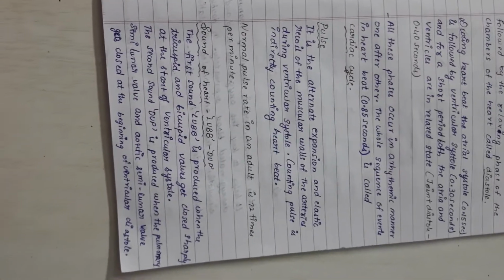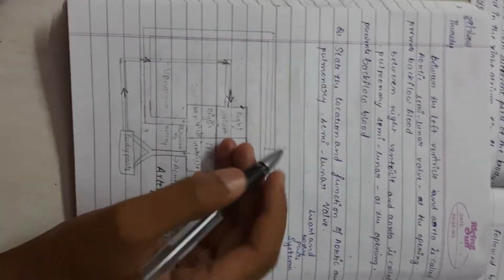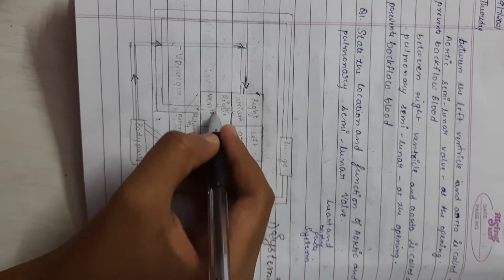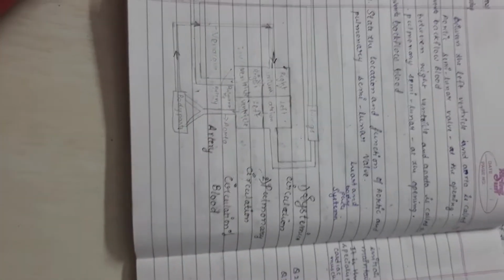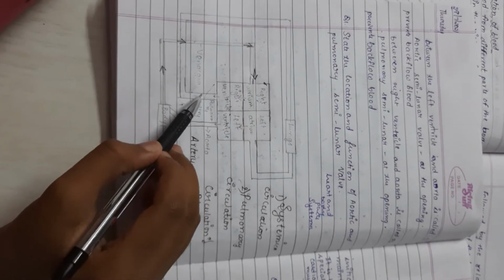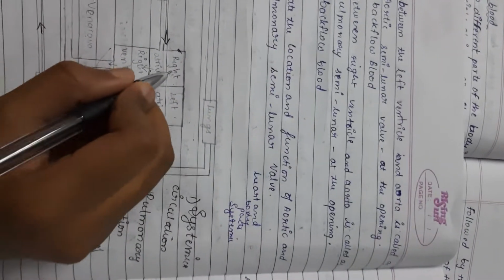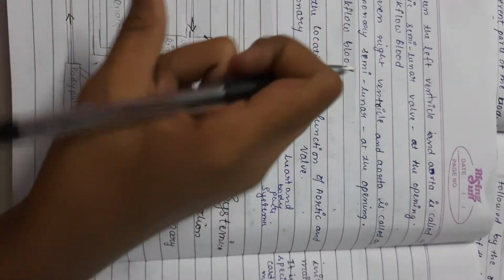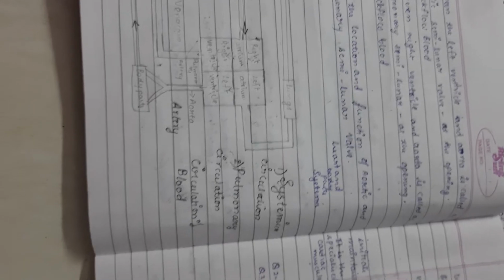So as I told you, let me show you this heart. See here, there's a valve between the right atrium and right ventricle and between the left atrium and left ventricle, and the pulmonary artery and right ventricle, and aorta and left ventricle. When the atria contract, blood from the atria flows into the ventricles.